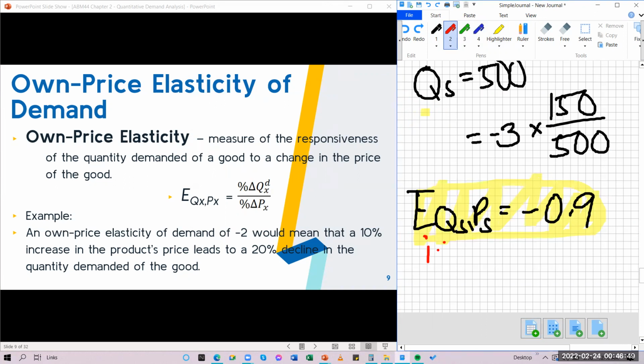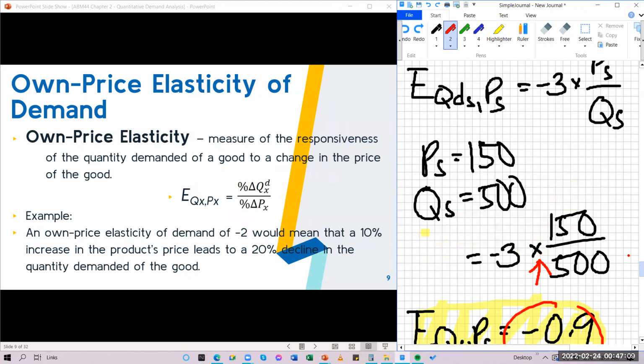So for every 1% increase in the price, it will lead to a decrease in your quantity demanded.